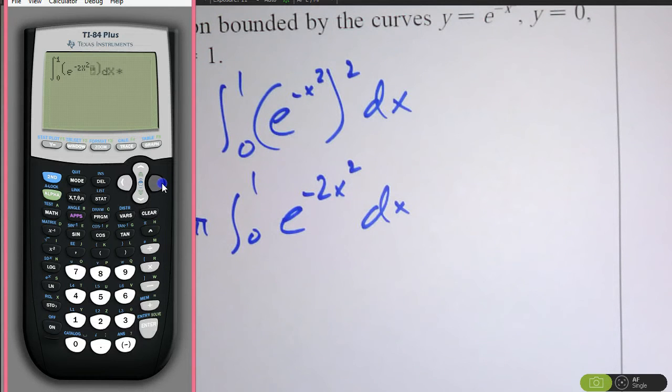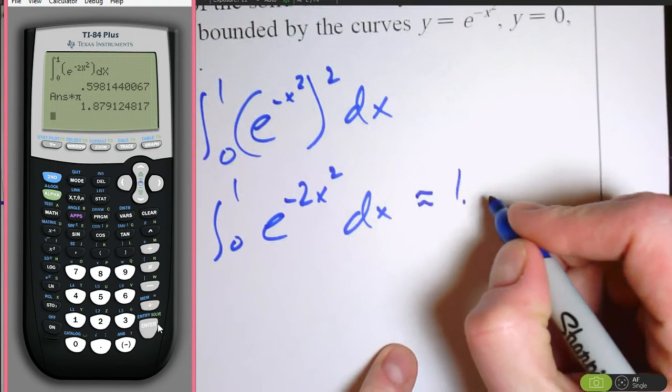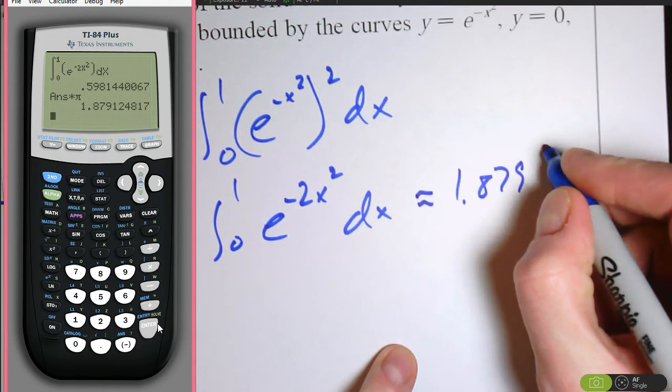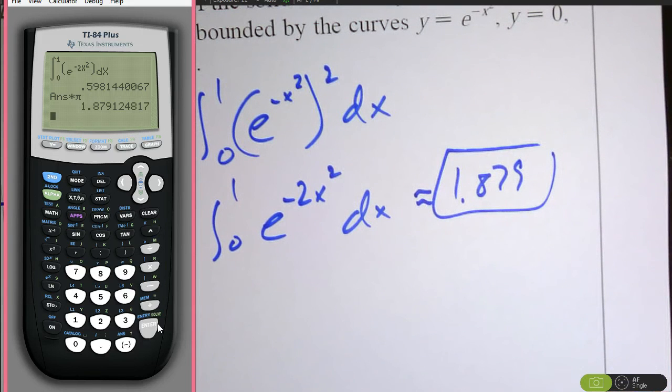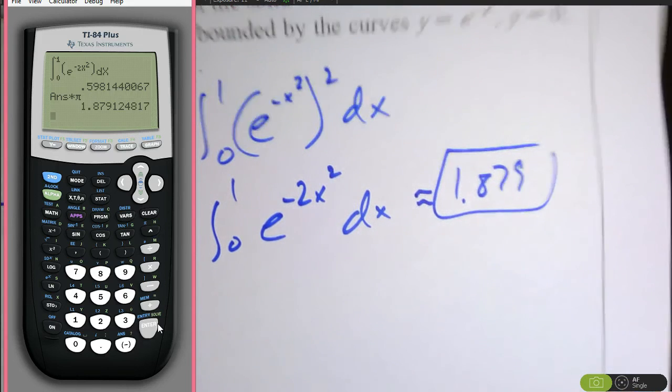I know it's going to be a decimal, but maybe it's a nice value. Nope. 0.59814400067. So times pi, 1.879 or something like that. Going to 3 decimal places. So there we go.